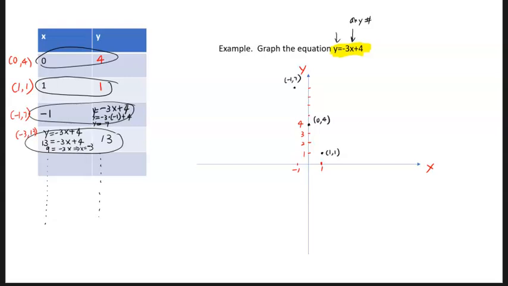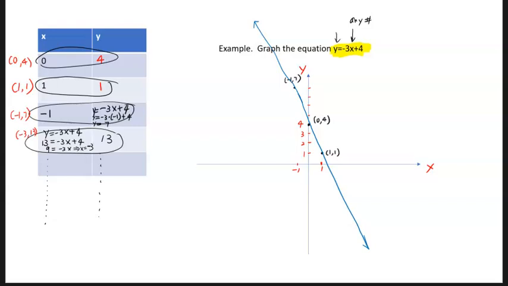You will be able to see all these points are going to be on this straight line. We can extend in both directions. Sorry, this is a little tilted, so it should be a straight line.